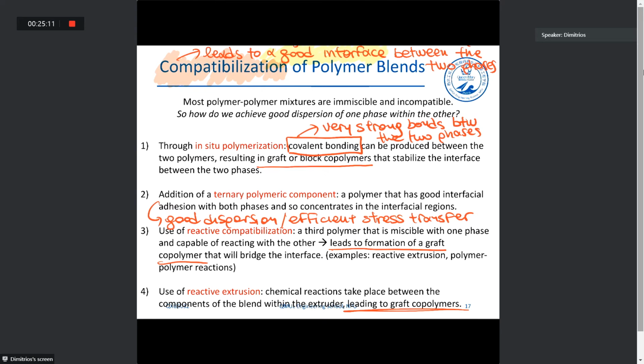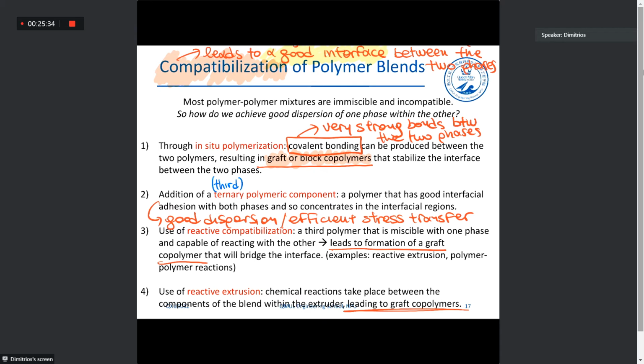We will see in a bit about these block copolymers, how they stabilize the interface, okay? Usually we can add a third. Ternary is a third, okay? It's a fancy word for a third polymeric component, which is a polymer that has good adhesion with both phases, okay?